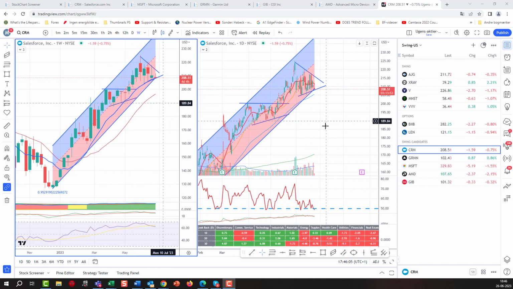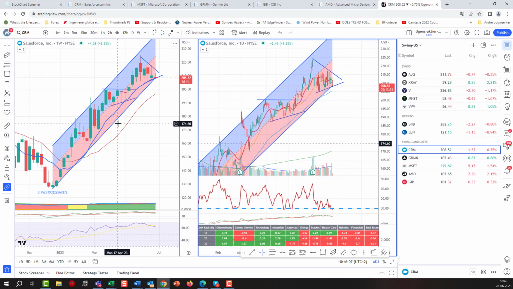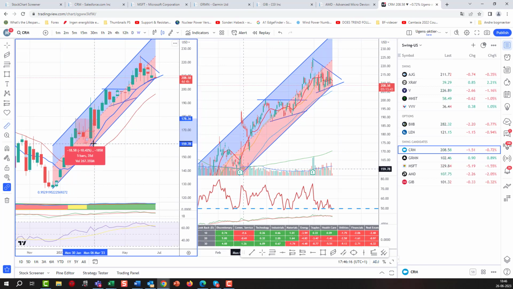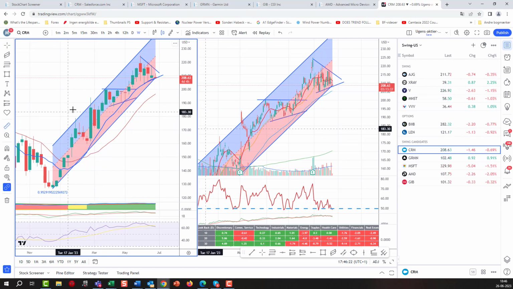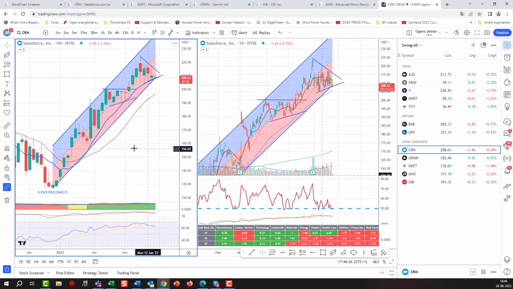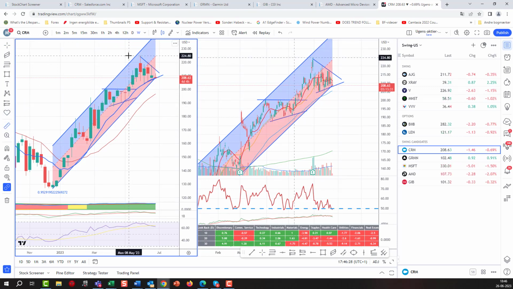Now you might say, is this really a swing trade? But what I do like to do sometimes when I'm looking at these swing trades is to take the ruler tool here and look at the last couple of down retracements. There's one here at 10.4%. There is, well, I guess you could call this one again at 7%. And what do we have right now? Well, we do have 7.4%.